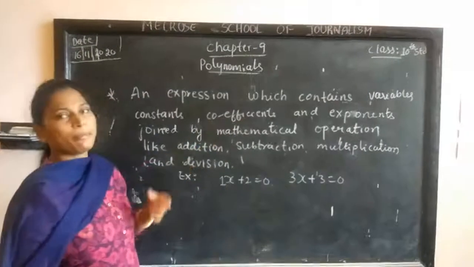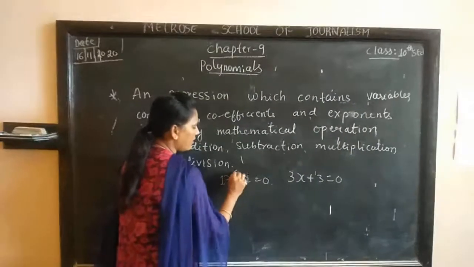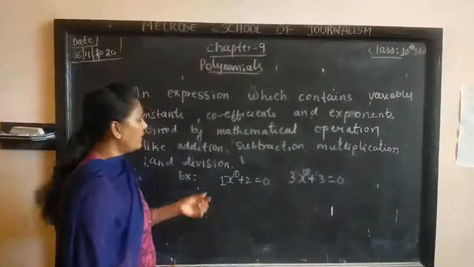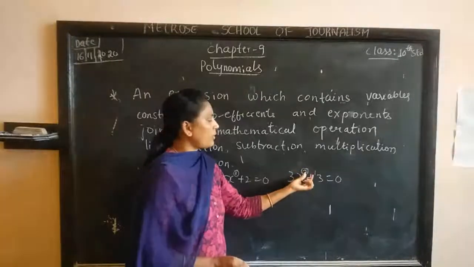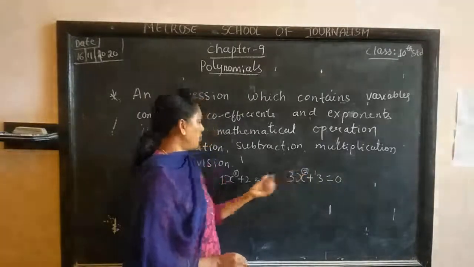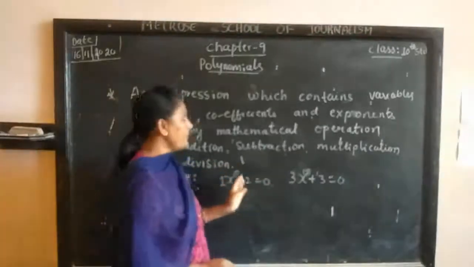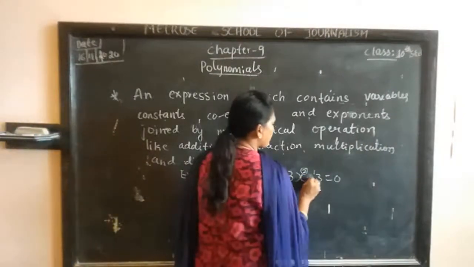Power means upon the variable. Upon the variable, in this position, you have the power. That is known as exponent. These are called exponents. In x square, what is the exponent? What is the power of x? 2. Here, the power of x is 1. How are these joined? These are joined by the mathematical operation plus, or you may write it as minus.